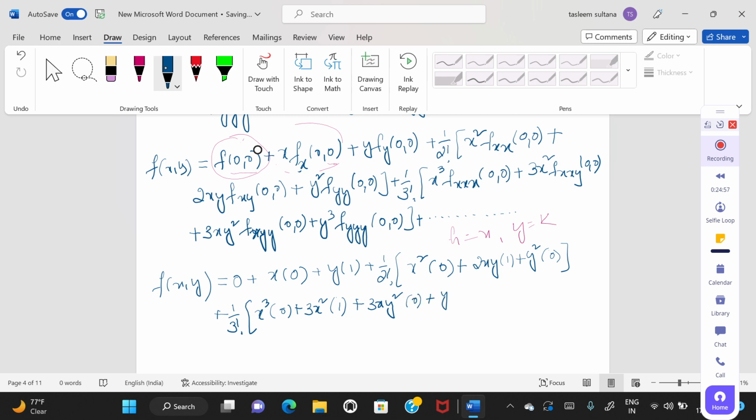Then plus y cube, f triple y value is equal to minus 1, and so on.